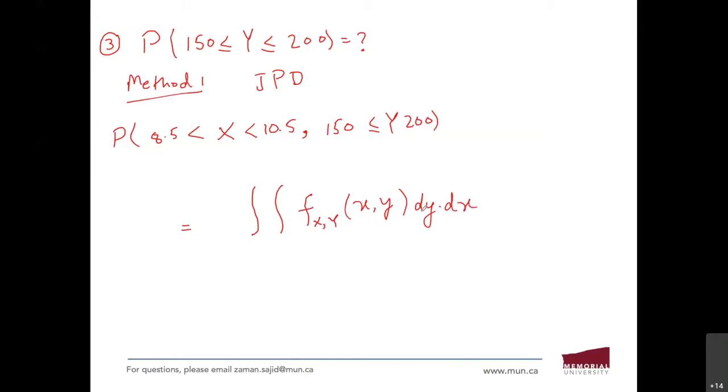Now the y limits we know, this inner integral is for y, so this can be from 150 to 200, which is my limit of the y here. For x, the outer integral is for x, my limit is between 8.5 and 10.5. So this one should be 8.5 and 10.5.